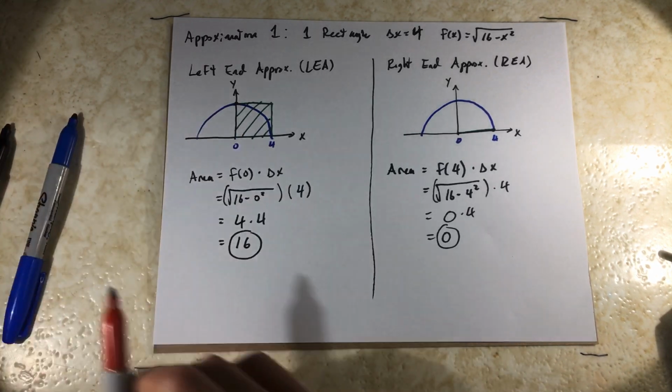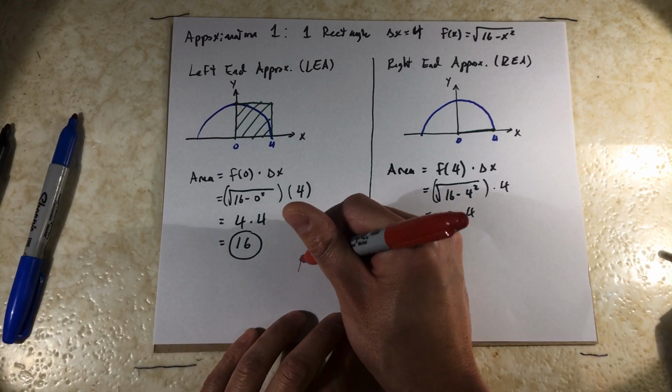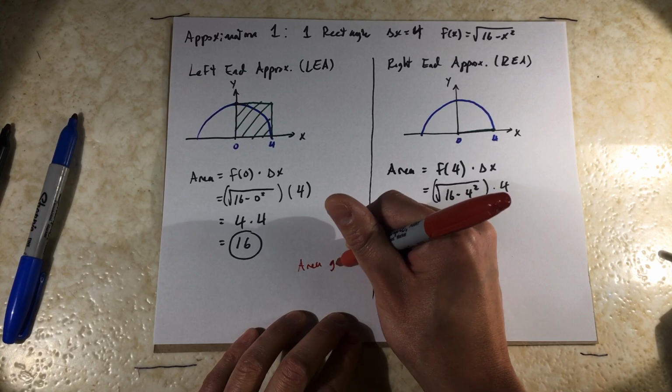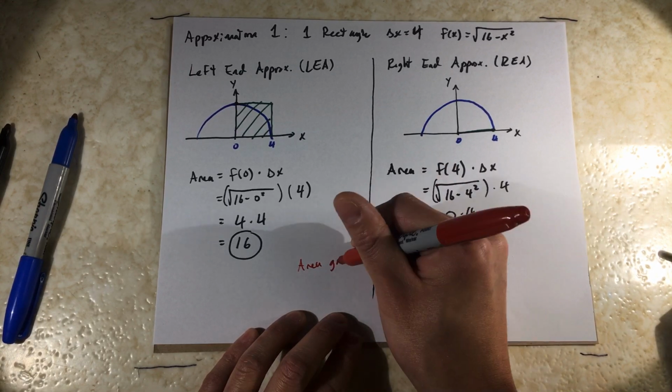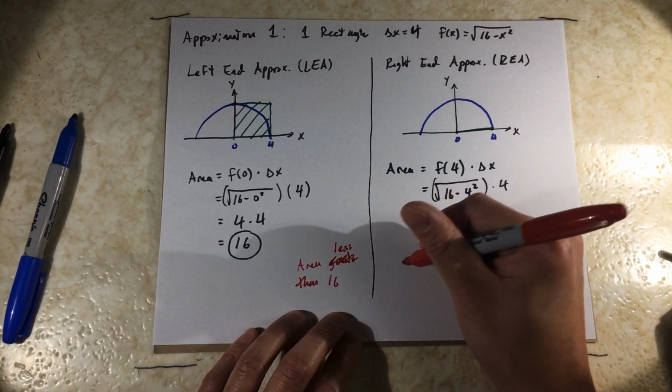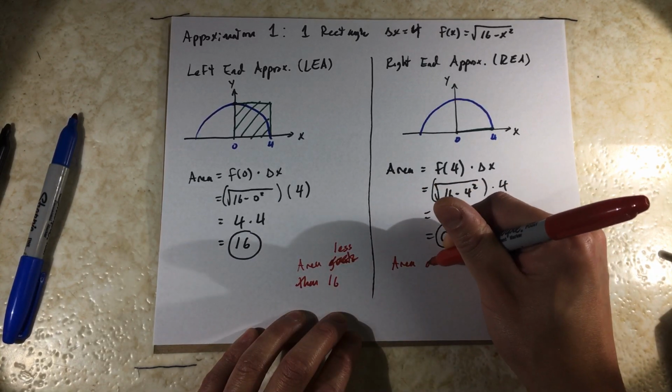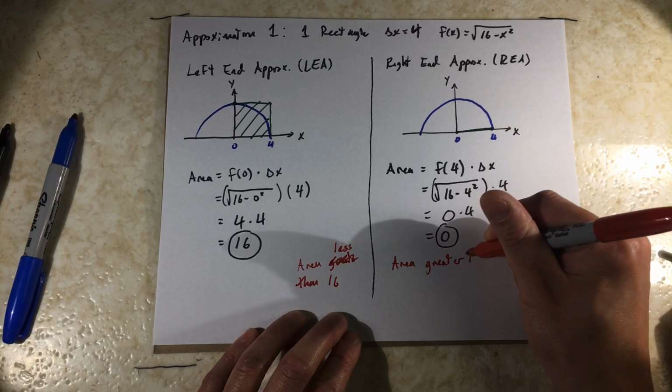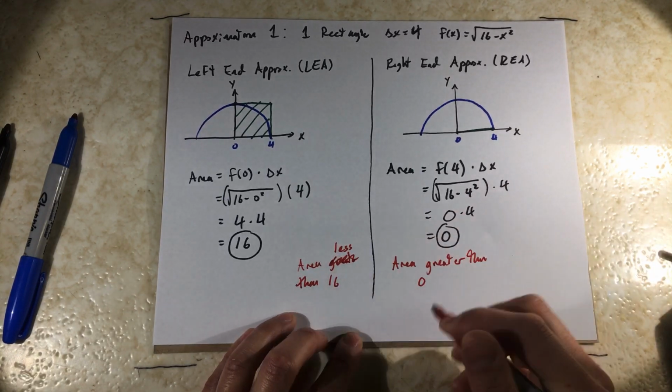So what we know is that the area is less than 16, and we know the area is greater than 0.